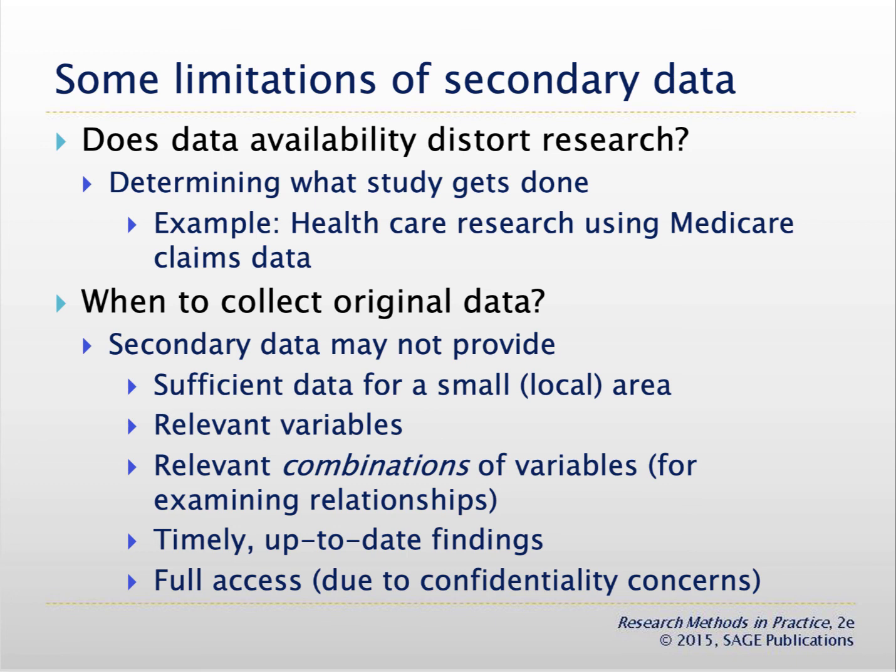Now, some limitations of secondary data. The data availability can distort the research that people do. Because the data is there and it's easy to use, particularly if it's not big data, people work with it. So for example, in the United States, where health insurance is very fragmented, not everyone has it. There's a lot of different employer plans. There's all these different state Medicaid plans.